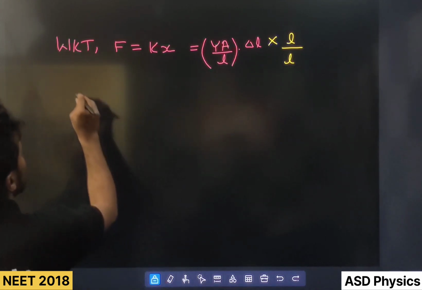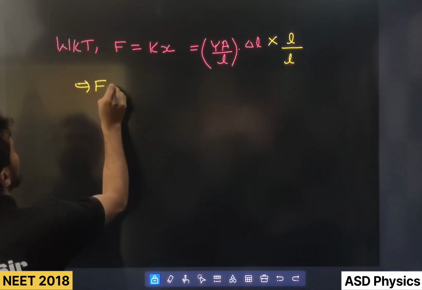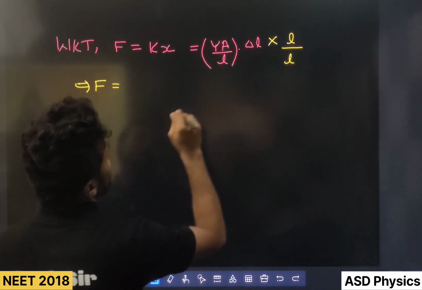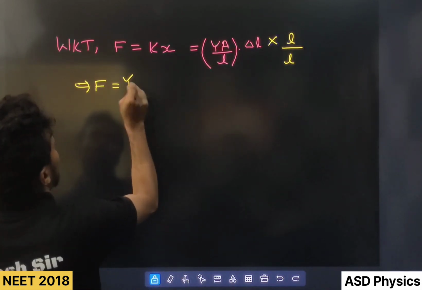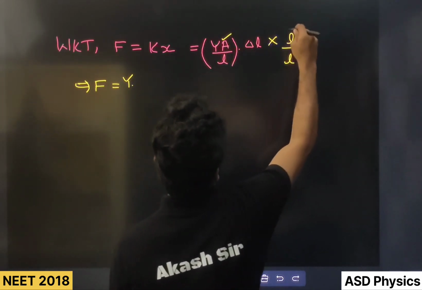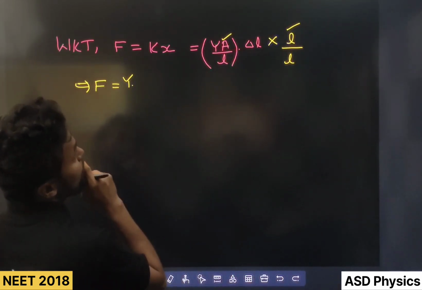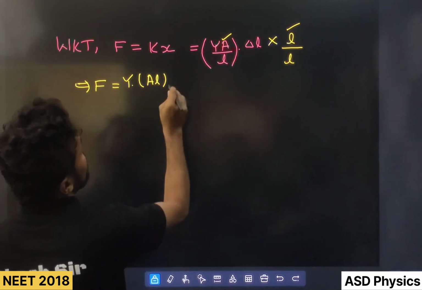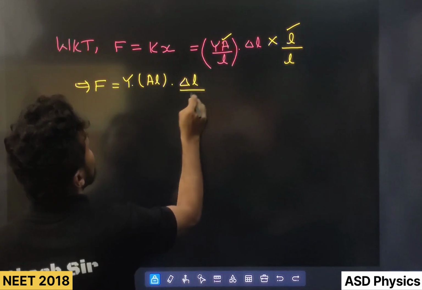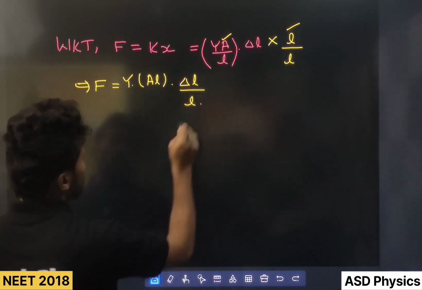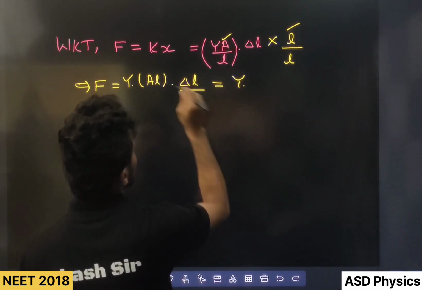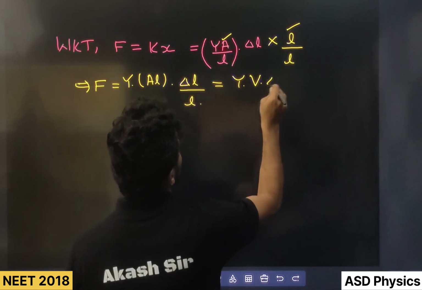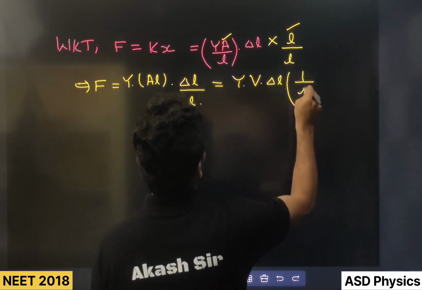Now we can write F equals Y into A and L together. We write AL, and after that delta L by L squared. Here Y is Young's modulus, AL is the volume, this is delta L, and here 1 by L squared.